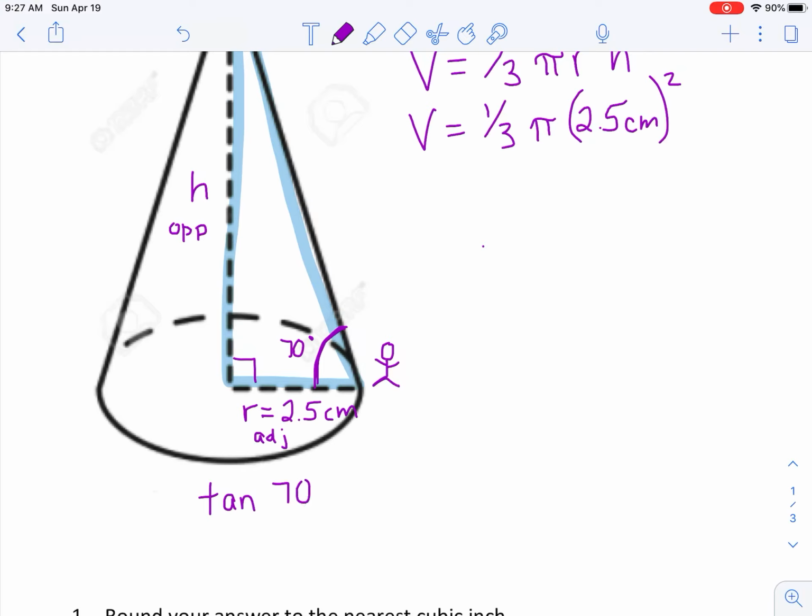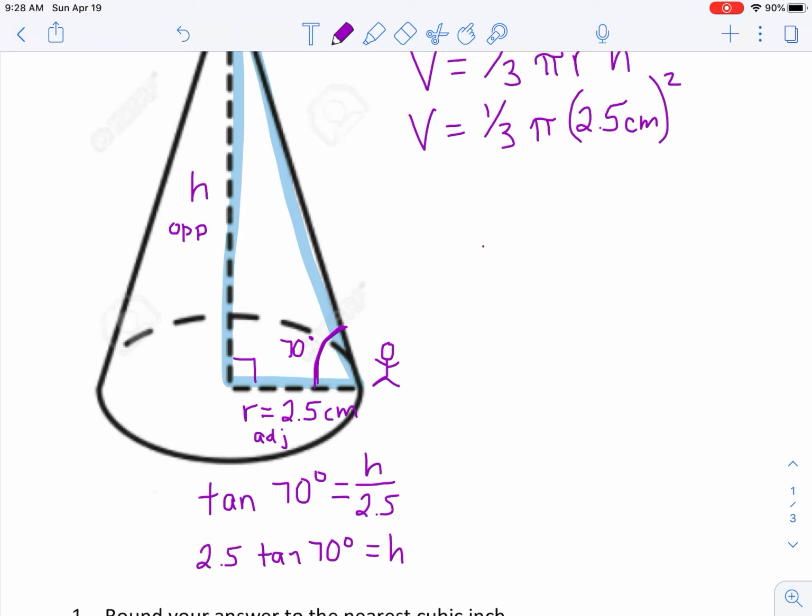I know that the tangent of 70 degrees will be the opposite, the height, over the adjacent, 2.5. When I solve for h, I multiply both sides by 2.5. I get 2.5 times the tangent of 70 degrees will give me the height. Get your calculator out.